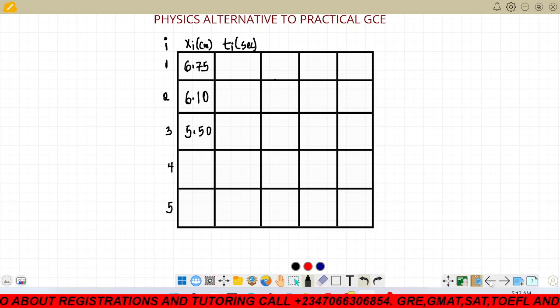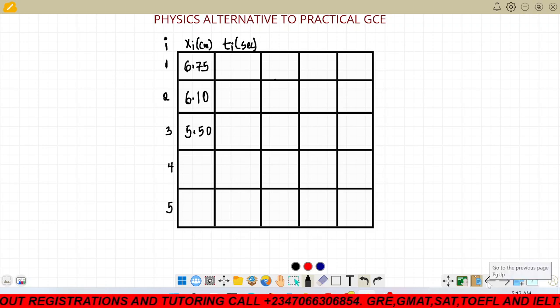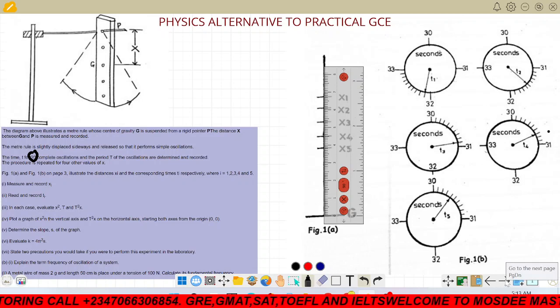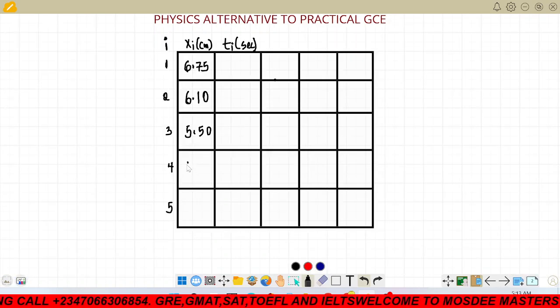Then I go to the fourth one, that's x4. X4 from what I have here is 4 point something, this is 4.52. So I will take that as 4.5, not up to 4.6, so I'm going to take this as 4.50.